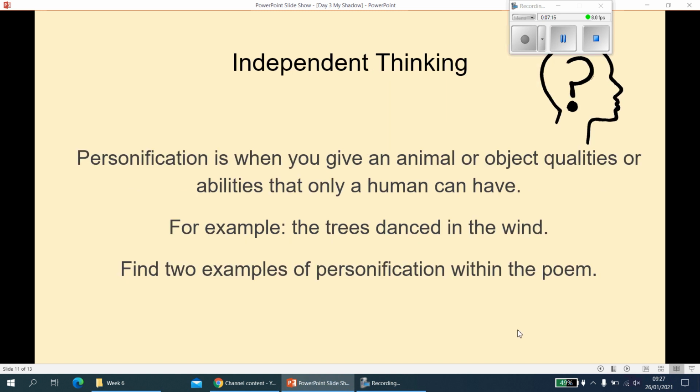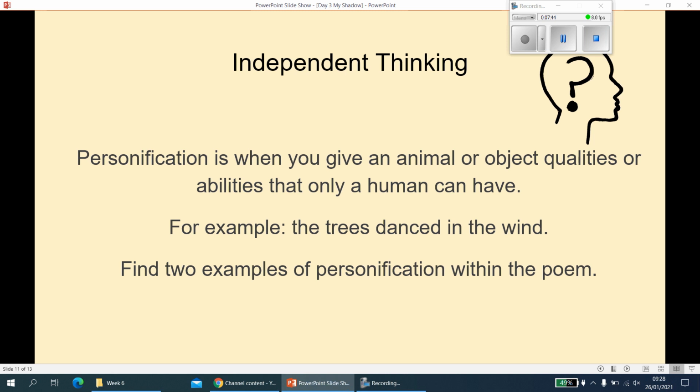Bit of independent thinking, and I'm just going to tell you a feature of writing that we haven't really discussed in class before, and it's called personification. Personification is when you give an animal or an object qualities or abilities that only a human can have. So, for example, the trees danced in the wind. A tree can't really dance, only humans can dance, but we've given them those personal qualities.